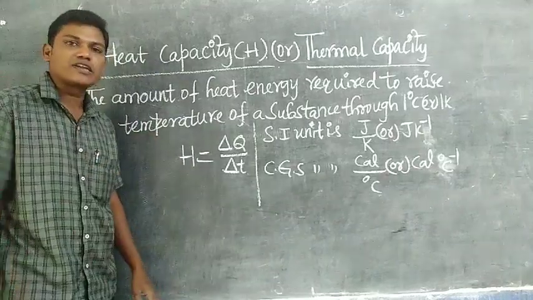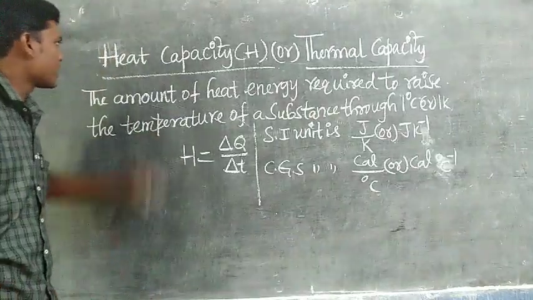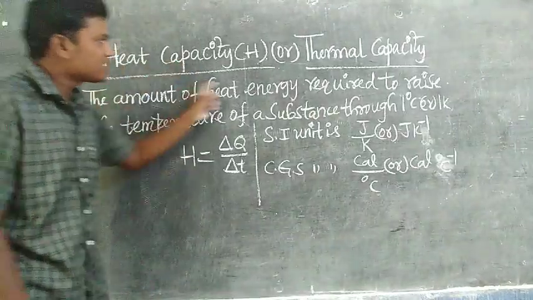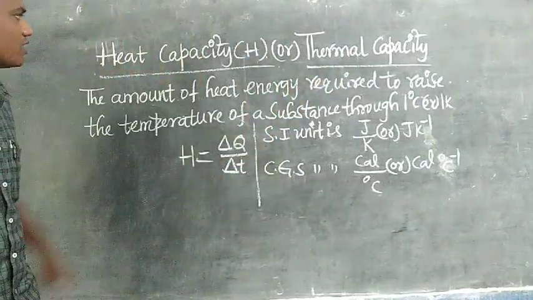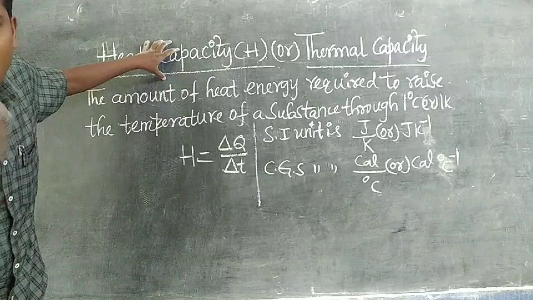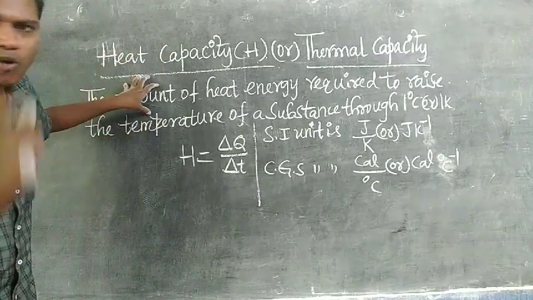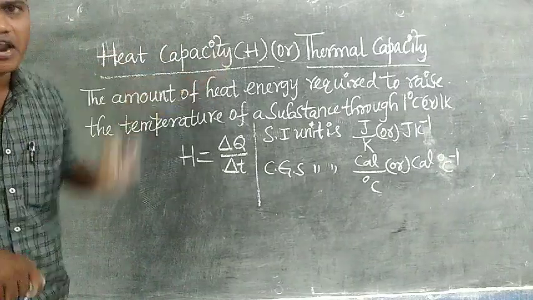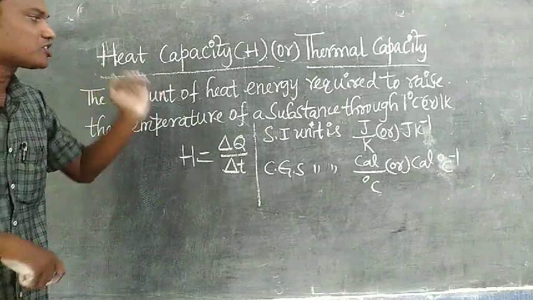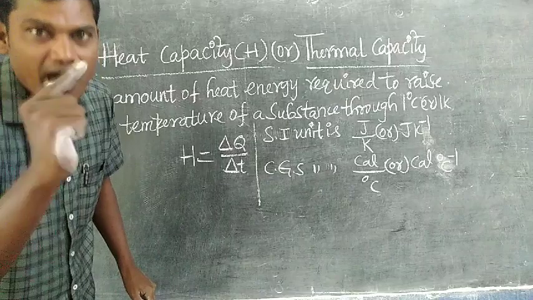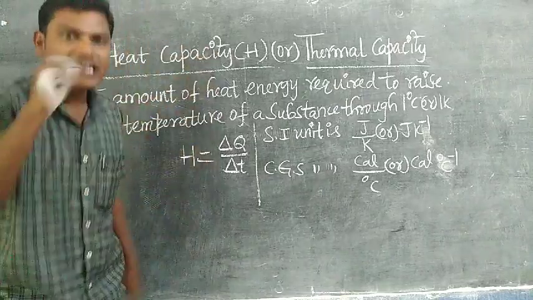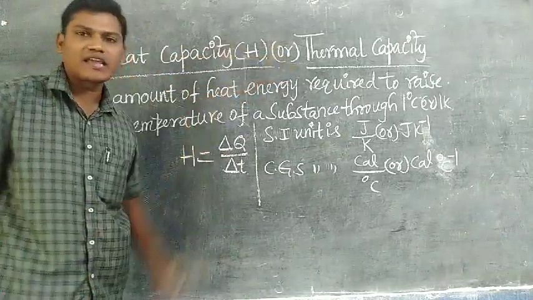Now come to the next topic. For the continuation of that, heat capacity. It is also called thermal capacity. How do we define heat or thermal capacity? The amount of heat energy required to raise the temperature of a substance through 1 degree Celsius or 1 Kelvin is called heat capacity or thermal capacity.